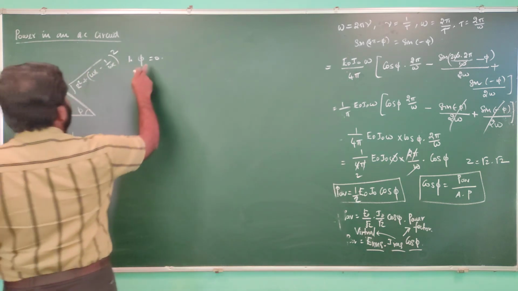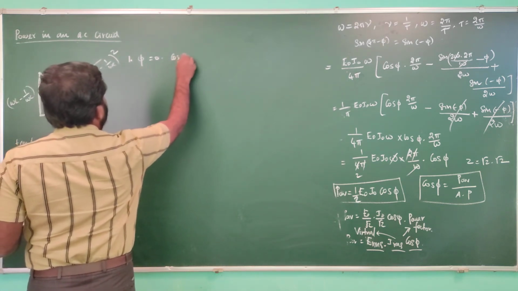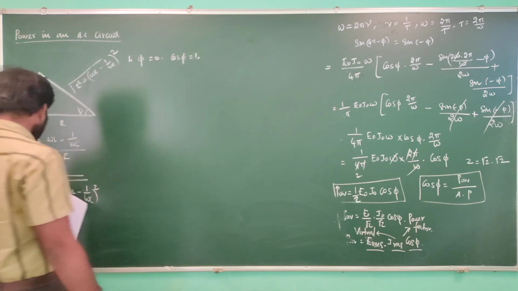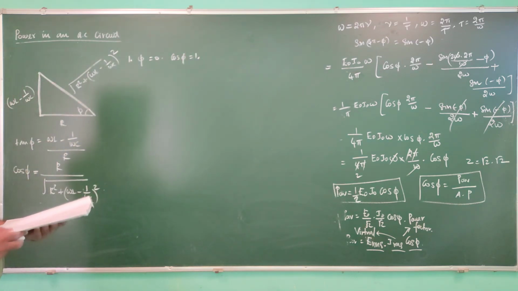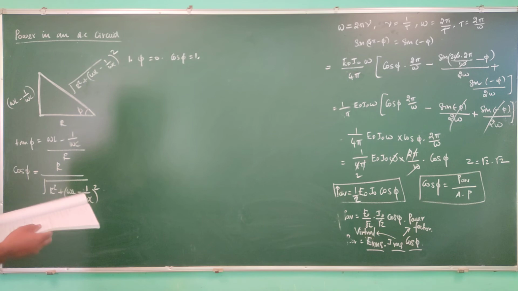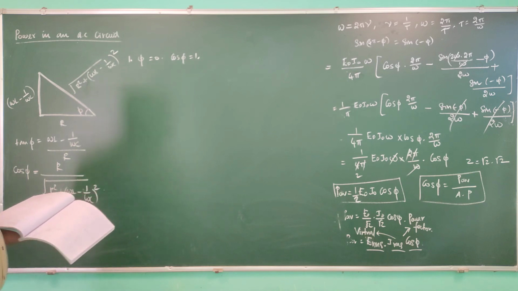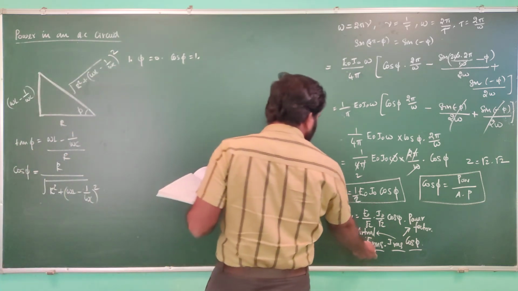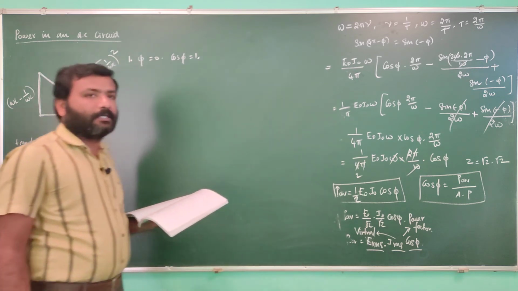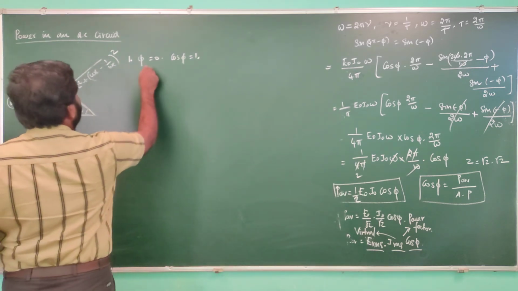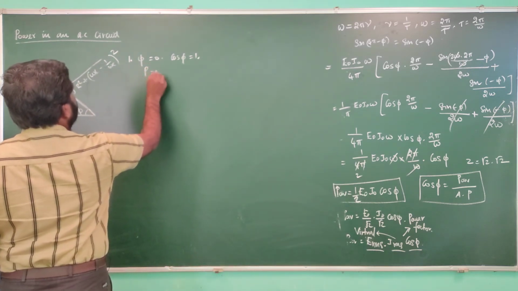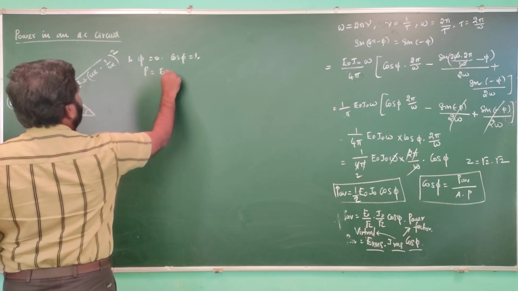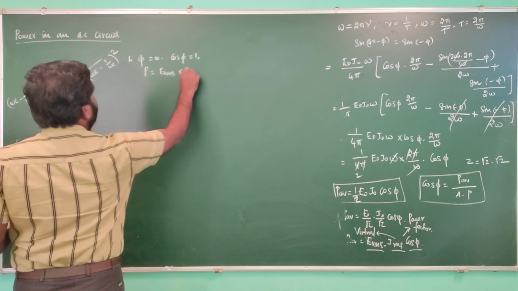So cos phi is equal to 1, which implies that the true power is nothing but the product of RMS values of voltage and current. So the true power is E RMS multiplied by I RMS.